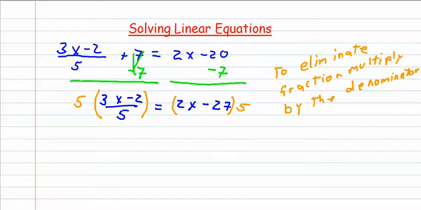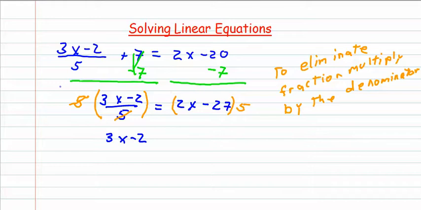What happens on the left, I lost my pen, or it's hard to see. What happens on the left, the 5's cancel, and I end up with 3x minus 2.